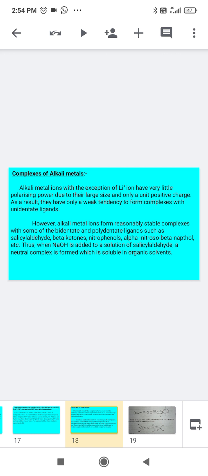Thus, when NaOH is added to a solution of salicylaldehyde, a neutral complex is formed which is soluble in organic solvents. So here you can see how the complexes are formed. Salicylaldehyde reacts with NaOH and forms a neutral complex which is soluble only in organic solvents.